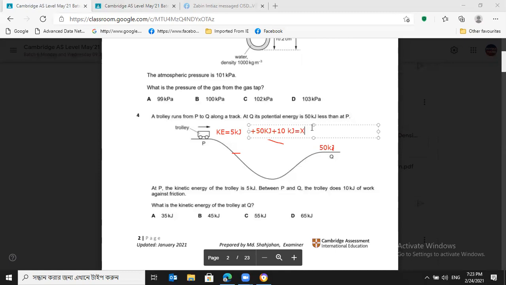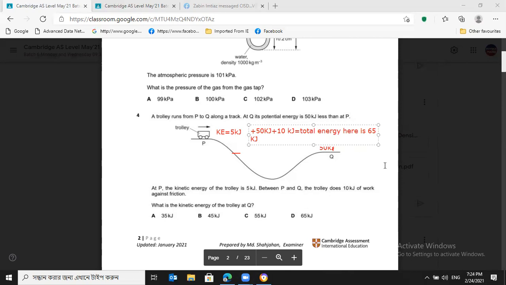It's 60 plus 5, 65 kilojoules, right? Then total energy here is 65 kilojoules, right?